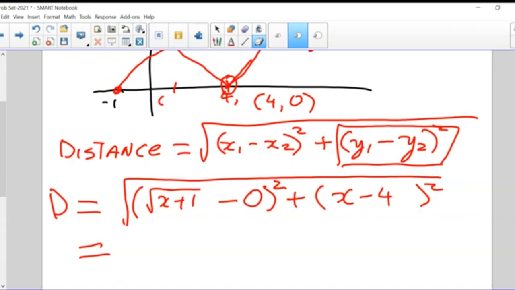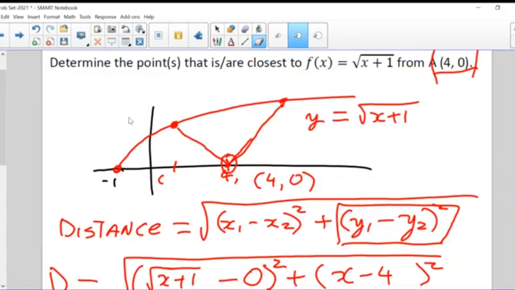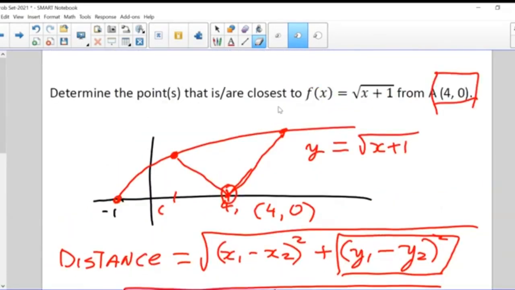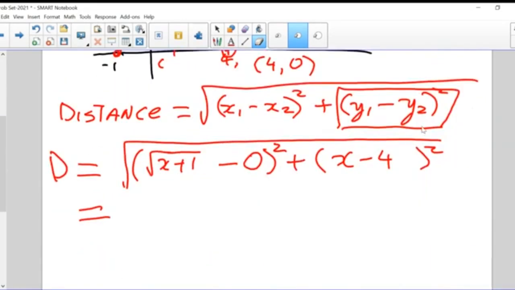After we simplify this function, the question is, what value of x gives us the smallest distance? Let me go back to the question to show you that. Determine the point or points that is closest to the 4, 0. Because we're trying to find a minimum value on this function that gives me the distance between 4, 0 and some point on the graph, that's why we need the derivative. Does that make sense, Adam? We need the derivative to minimize the distance. Okay, good. Let's keep going.